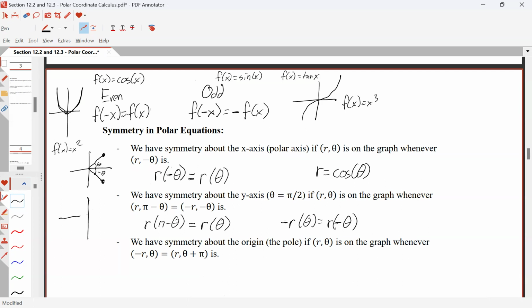How this looks is that if I have that point r, theta, then I'd also have the point r, pi minus theta on the graph. Not the same r's in this picture, but it's a symmetry over the y-axis. And an example, something that has symmetry over the y-axis would be r equals sine theta.